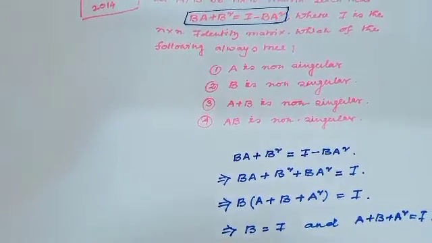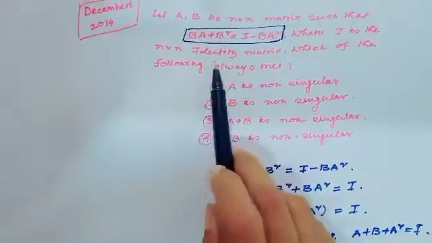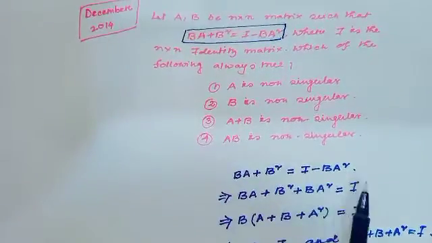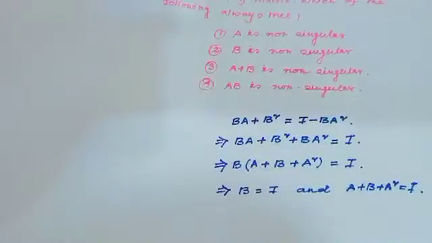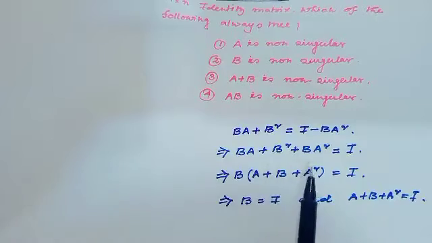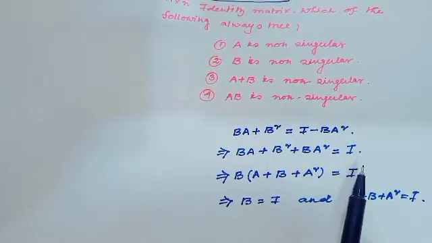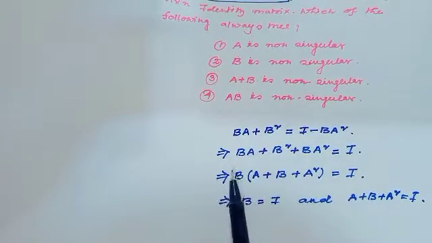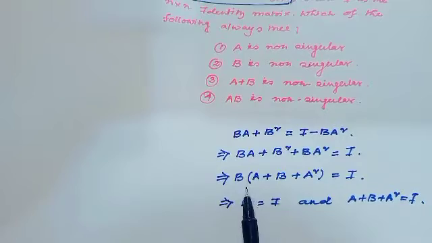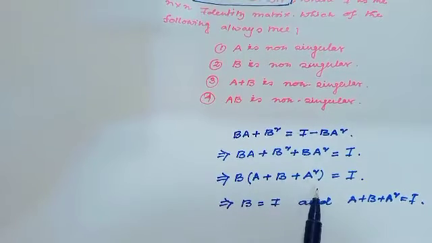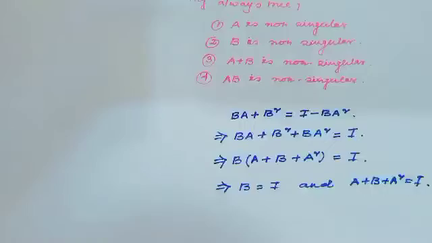From this equation, since BA plus B square equals (I minus BA) whole square, that implies BA plus B square plus BA whole square equals identity. This implies, obviously, B times (A plus B plus A square) equals identity.